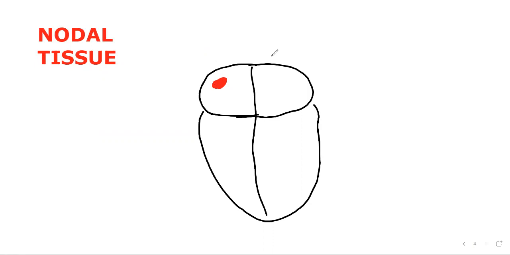This is the sinoatrial node. Nearly the same kind of tissue we find one more here, the atrioventricular node, which is seen on the lower left corner of the right atrium.